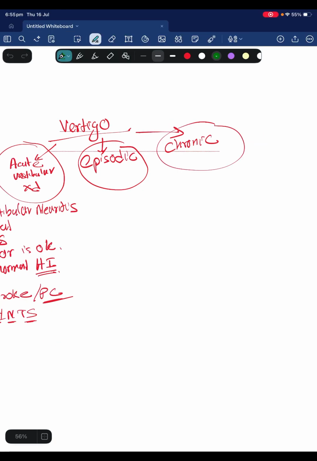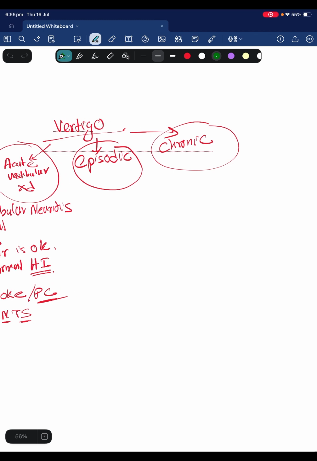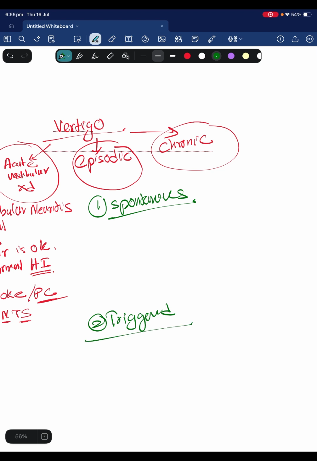Again, we'll divide it into two main areas. The first one would be spontaneous episodic vestibular syndromes, and then the second one would be triggered episodic vestibular syndromes. So the spontaneous ones would be your vestibular migraines and then your Meniere's disease, right?